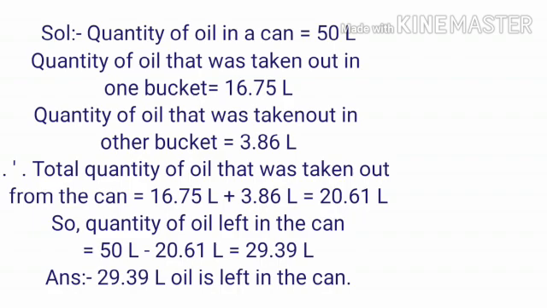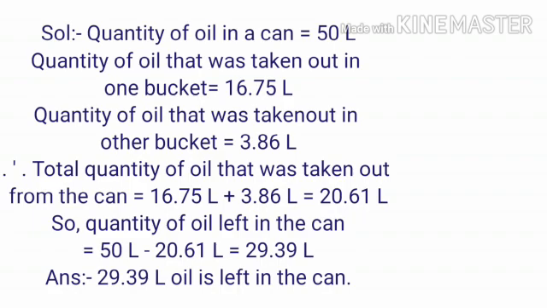Then we will write quantity of oil that was taken out in one bucket, that is equal to 16.75 liter. Next, quantity of oil that was taken out in other bucket, that is equal to 3.86 liter.